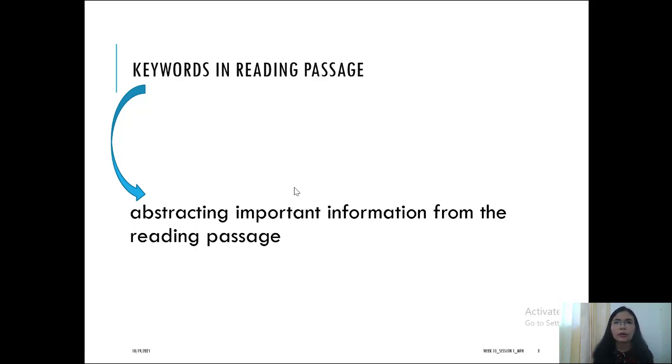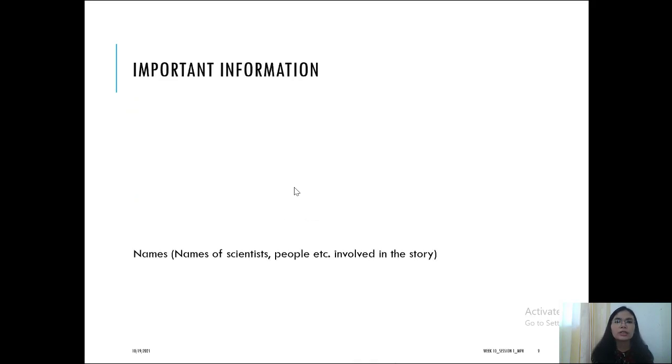Obviously, you have heard about the 5W and 1H: what, where, when, and then after that the how. Those are some questions to guide you in looking at the keywords in the passage. So we're looking at some of the information.